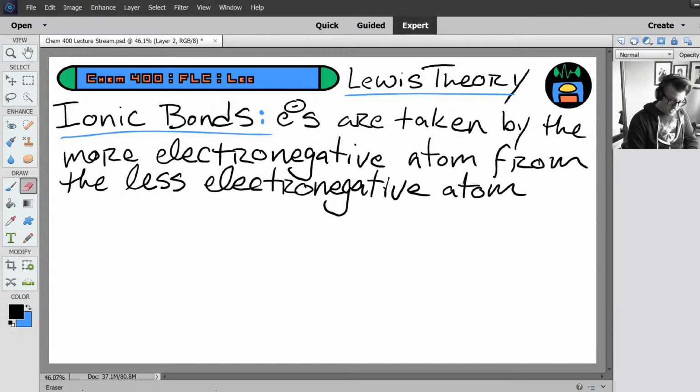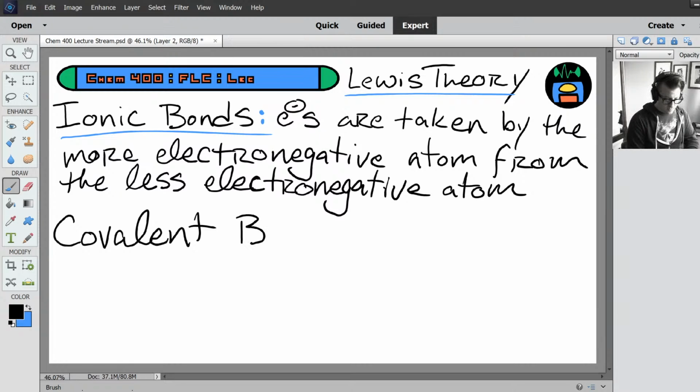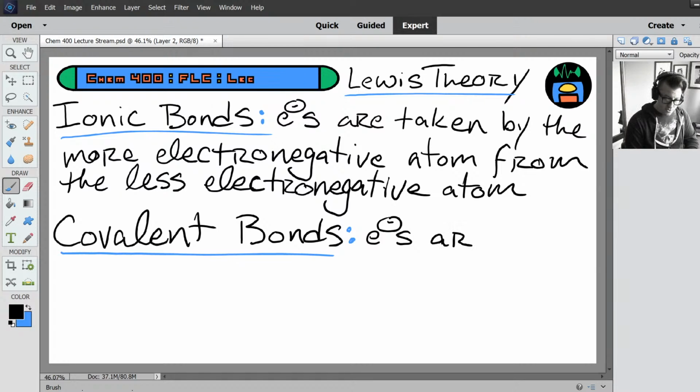So when we talk about ionic bonds, we're talking about electrons being taken. And for covalent bonds, electrons are shared between atoms.